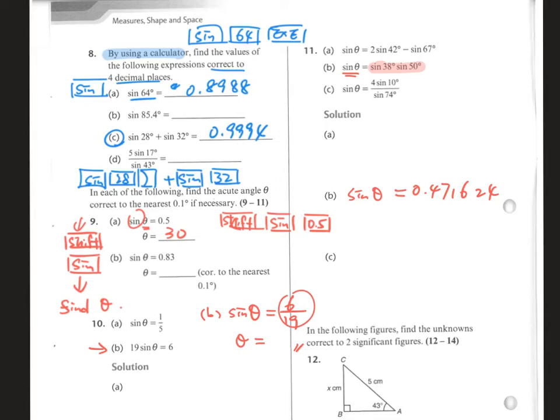And then afterward, you use shift sine of the number and see whether you get the answer. Can you get it? 28.1 degrees, which is correct to 3 sig figs. So A and B, you do the similar thing. Use calculator to find out the expression first, then shift sine, and you can obtain the results.